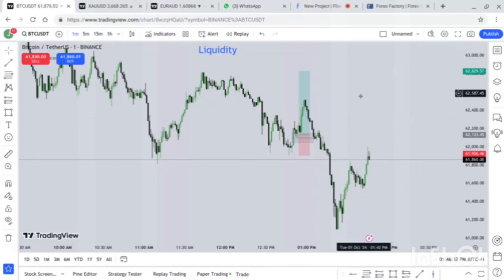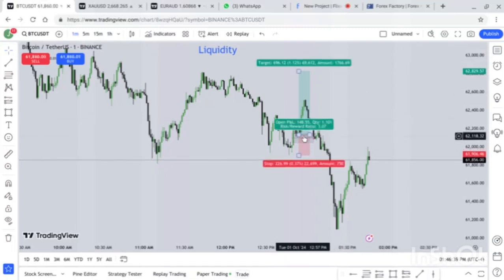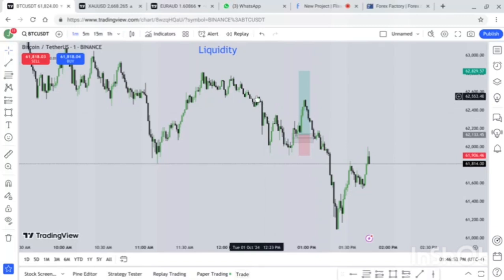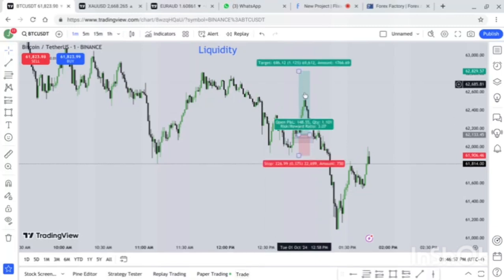If you enter at this position, the bus carries you to this level. Other people who feel this bus will go down will start setting their stop losses here, and here, and here, in case the bus goes the wrong direction and doesn't go their way.